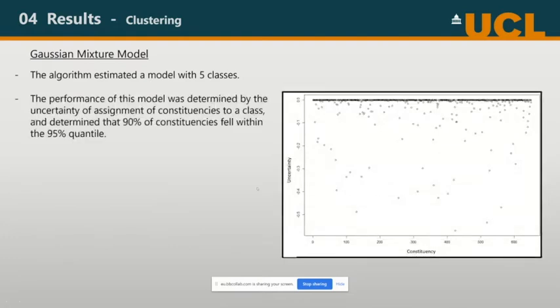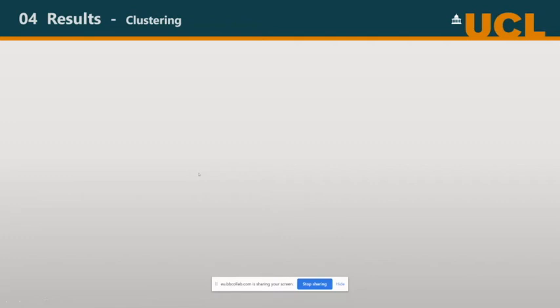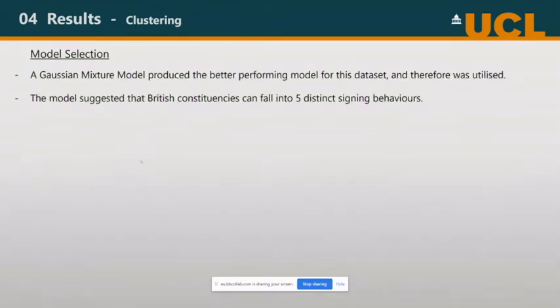The performance of this model was determined by an uncertainty assessment, and at a 95% quantile, this found that it was 90% successful. So 90% of the constituencies fell within a 95% confidence of being in the correct class, which I thought was the best fit between the two clustering algorithms, like I said there.